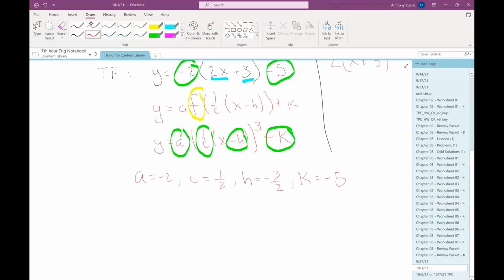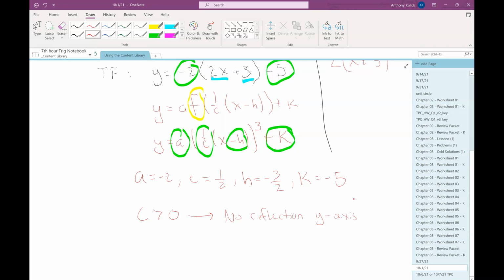Okay. Now that we have this, we can just describe what's going on. The first thing I'm going to check is the C. I notice that C is positive, so what does that mean? No reflection across which axis, though? X or Y? It's the Y. So here's the way I remember these. The C is affecting the X coordinate.